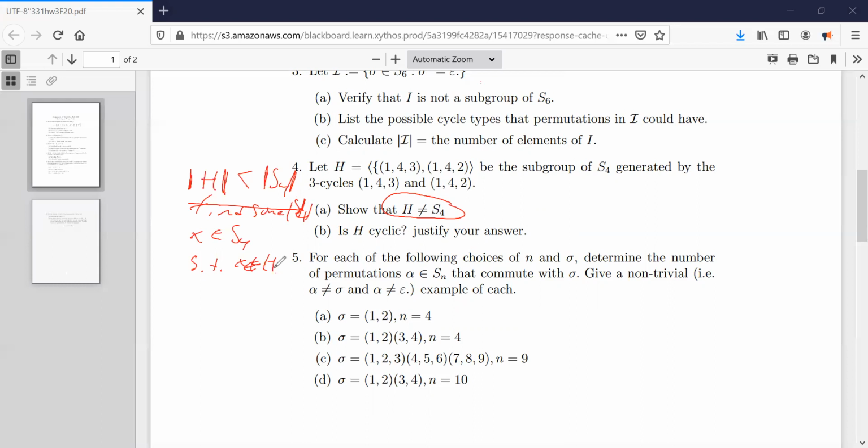So how do people want to go about doing this? So Justin, you suggested they're both even permutations. What does that mean? What does that tell us?